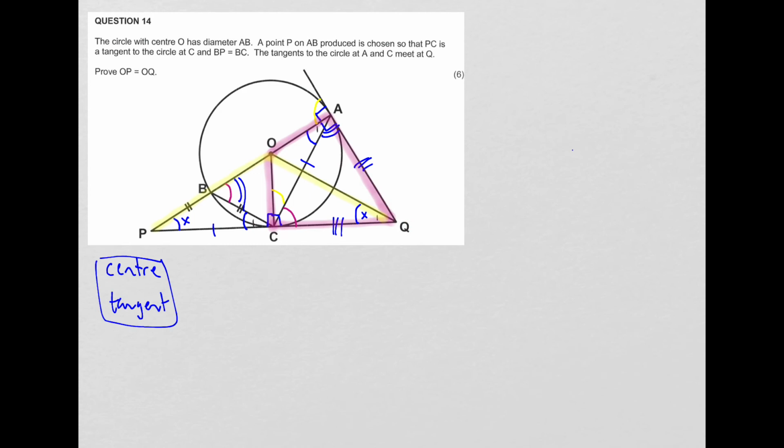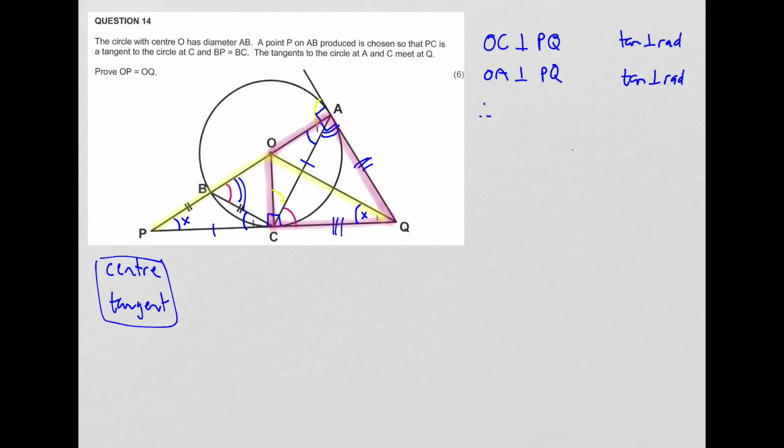Okay, so let's go. So our first thing was that OC was perpendicular to PQ, or PC, doesn't really matter. Okay, and then the reason, don't forget the reasons, is that the tan is perpendicular to the radius. And then similarly, OA is perpendicular to PQ. And same reason, tan perpendicular to radius.